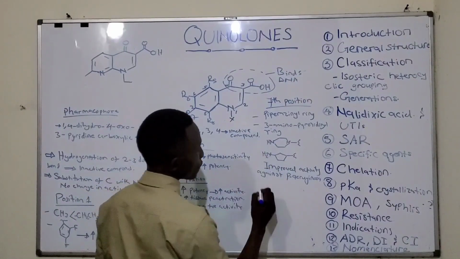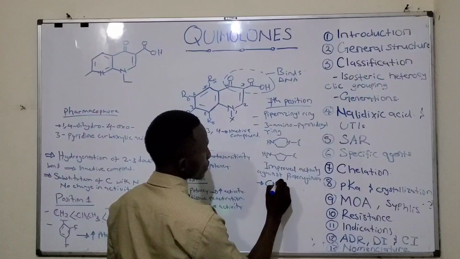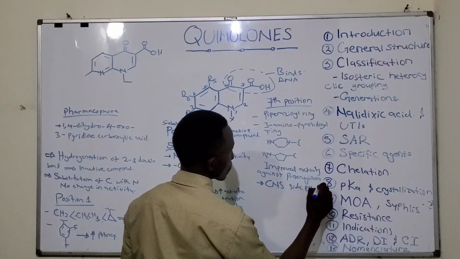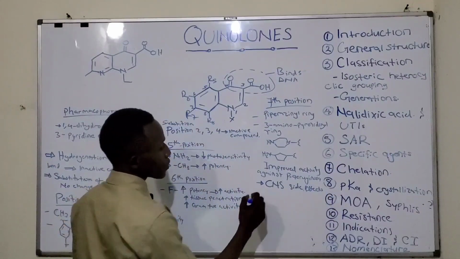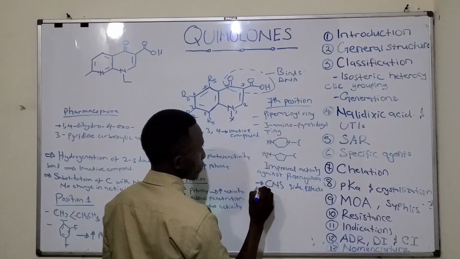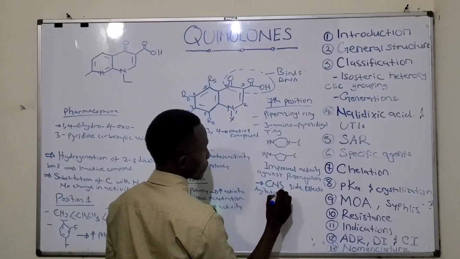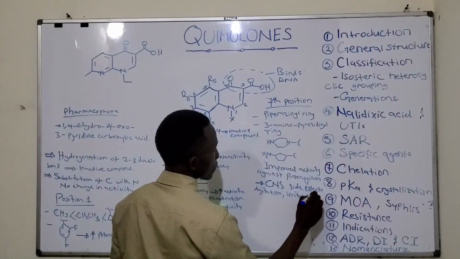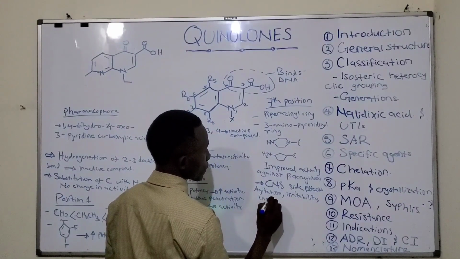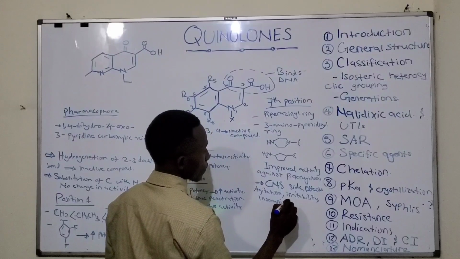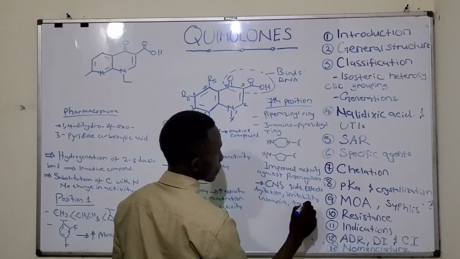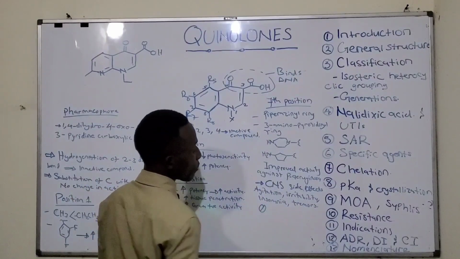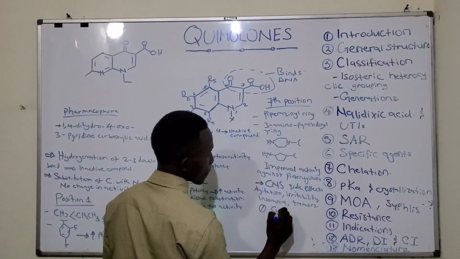But these groups led to CNS side effects like agitation, irritability, insomnia, tremors, among others, due to inhibition of the GABA receptors.